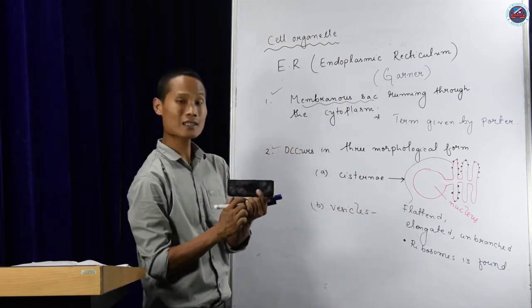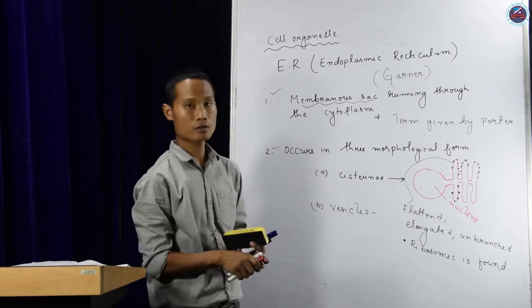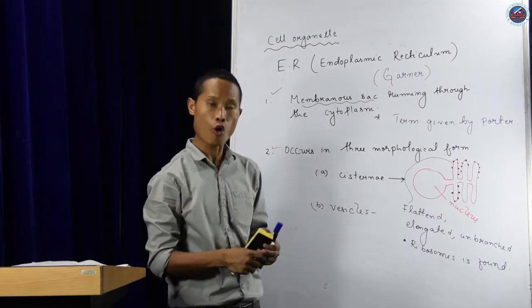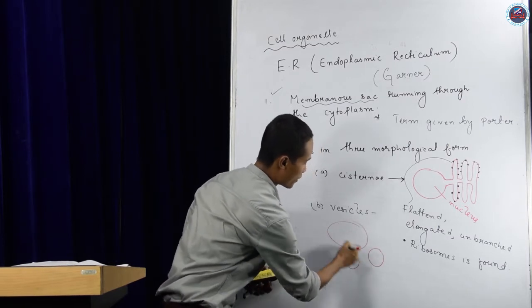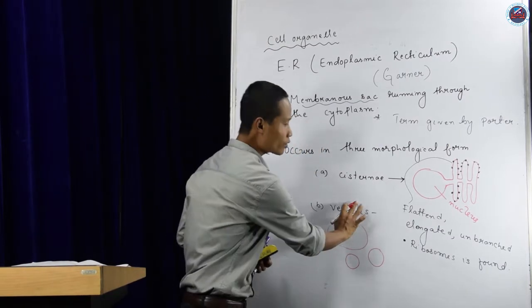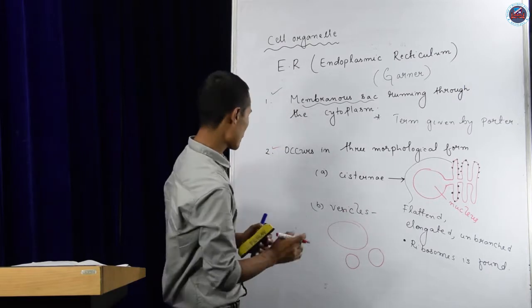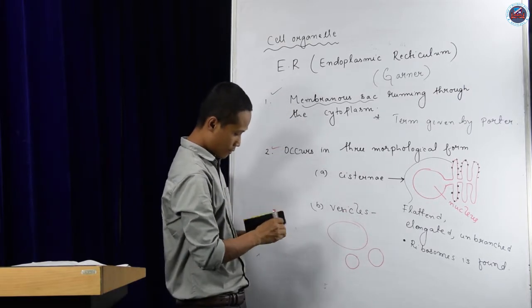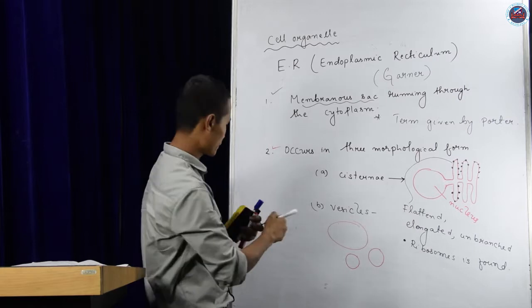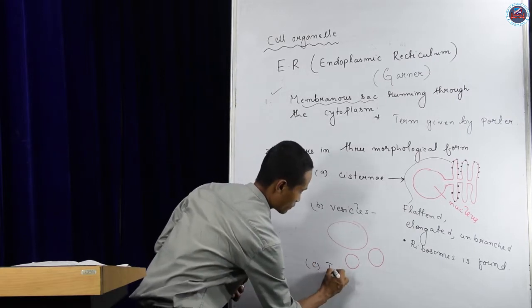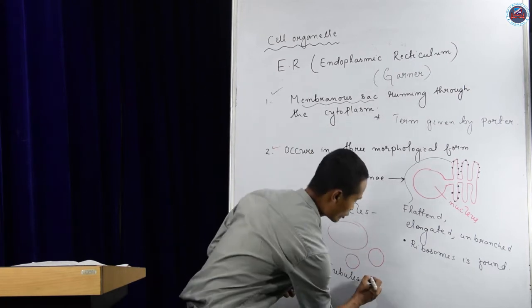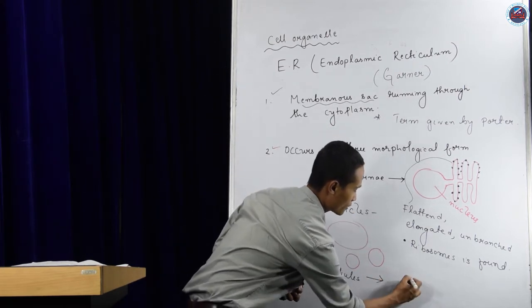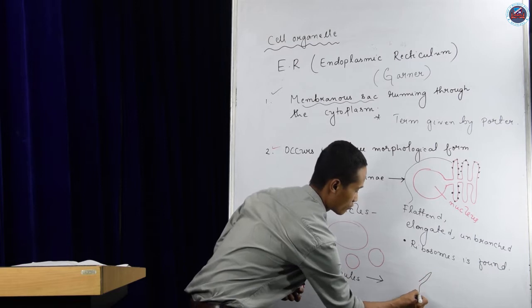These vesicles are usually round, spherical, or oval in shape, and there are no ribosomes. The third one is tubules. These tubules are unbranched.